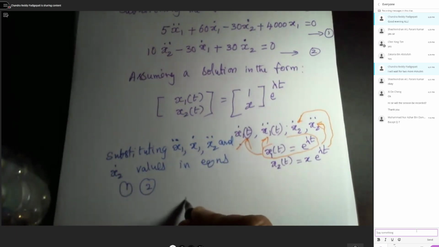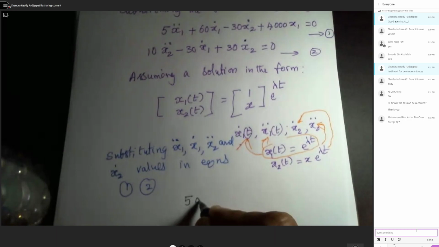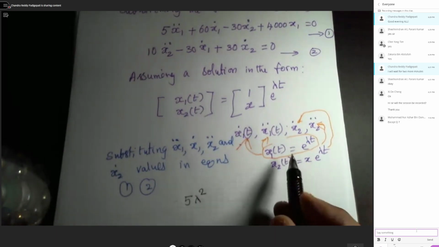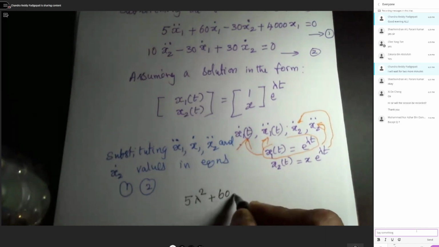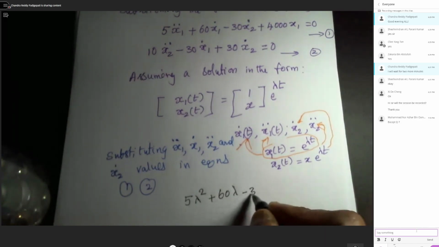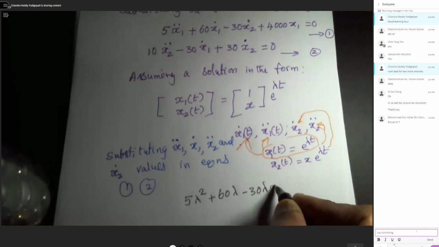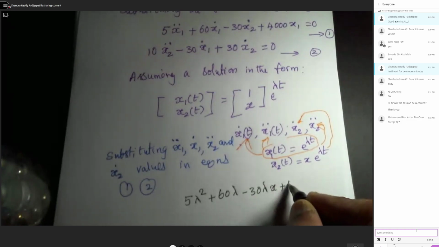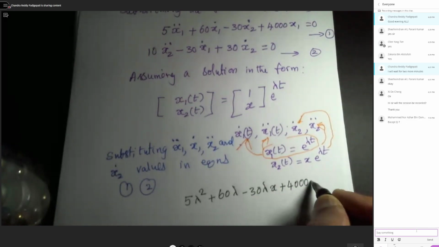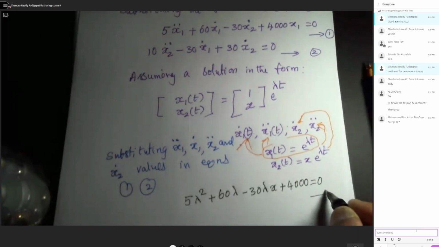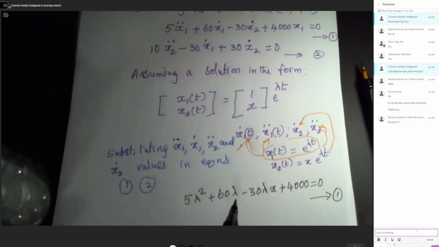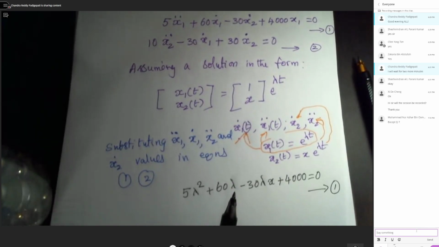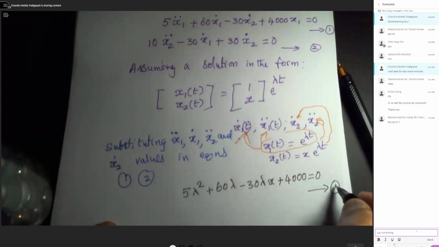So you end up getting the simplified versions of the two equations. The first is 5 lambda square plus 60 lambda minus 30 lambda X plus 4000 is 0. This will be your first expression once you substitute the x1 dot, x2 dot, x1 double dot, x2 double dot values in equation 1.